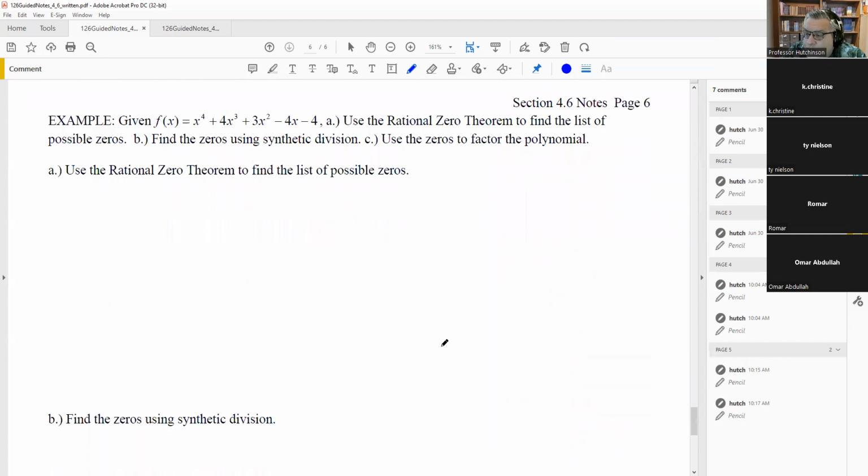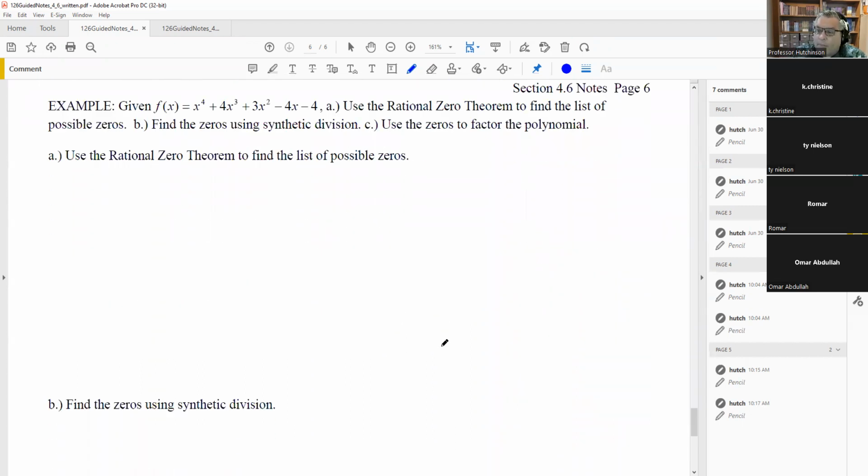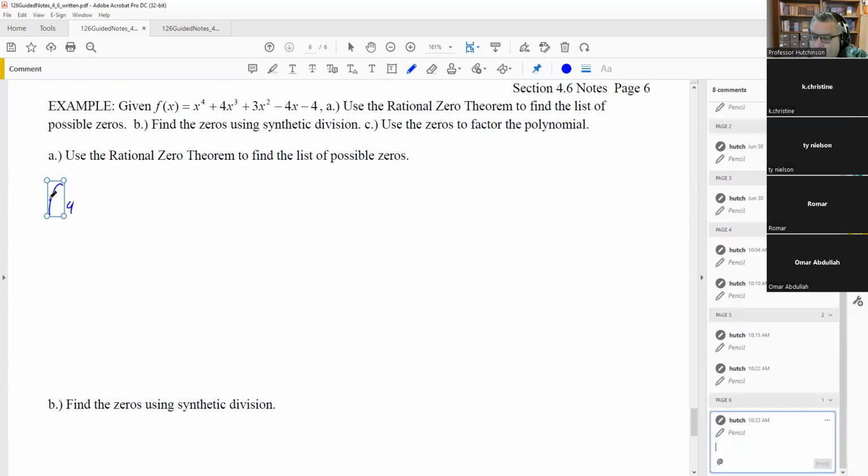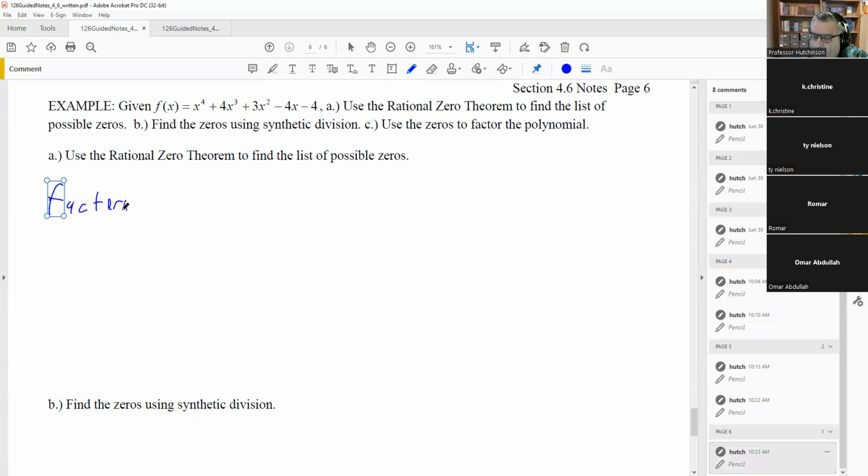Okay, so next one, we're doing the same 3 parts again. So we're going to do factors of negative 4 over factors of 1.